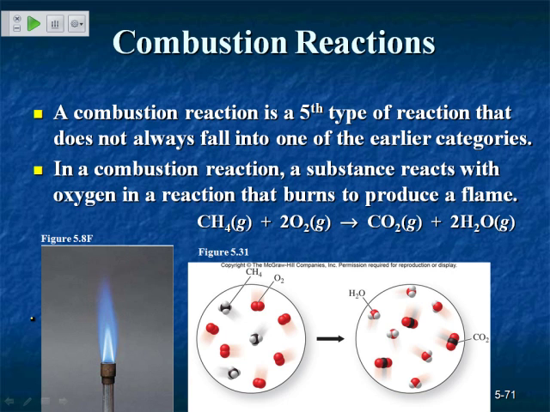So when you say it is a combustion reaction, there are a couple of things you can assume, even though it doesn't say explicitly. You need oxygen, O2 gas, as the reactant. Combustion reactions cannot happen without oxygen as one of the reactants. So that is something you should know, even though it doesn't say explicitly.